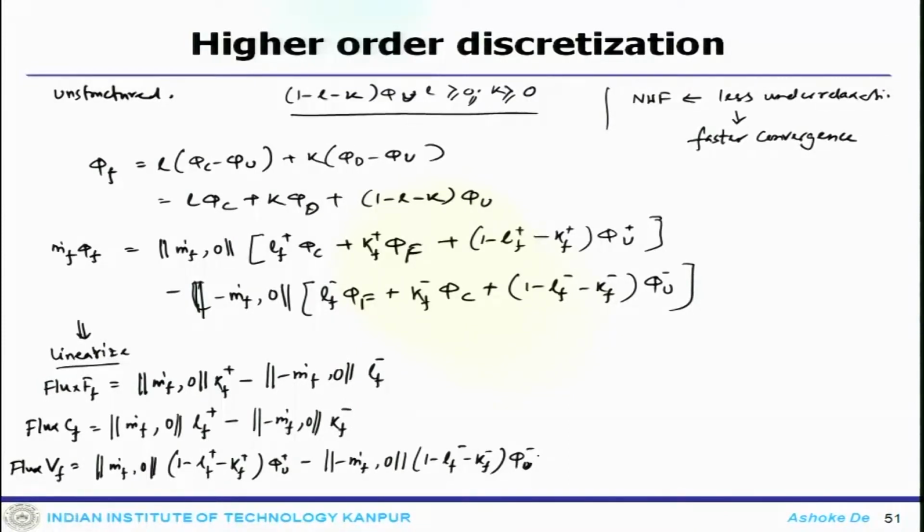Then once you substitute all these things, the discretized equation is obtained as AC phi C plus the sum over F NBC of AF phi F equals BC.